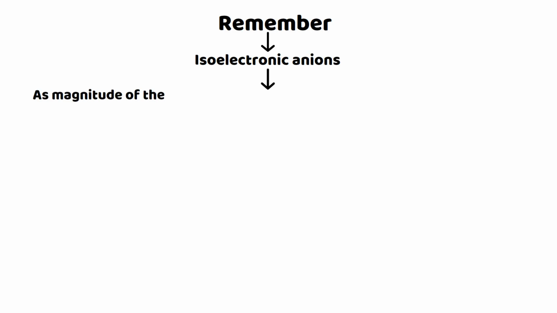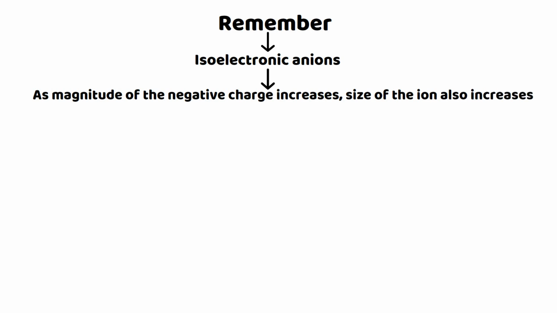Remember, in case of isoelectronic anions, as magnitude of the negative charge increases, size of the ion also increases. We can say N3 minus ion has larger size than O2 minus ion and O2 minus ion has larger size than F1 minus ion. Remember, electrons repel each other.